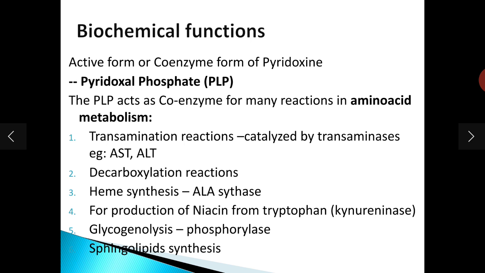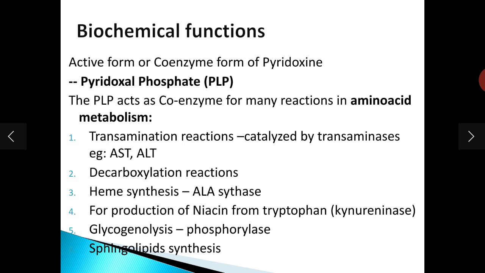It is also needed in the decarboxylation reactions of amino acids and in heme synthesis, where the enzyme ALA synthase synthesizes delta-aminolevulinic acid, which requires PLP.